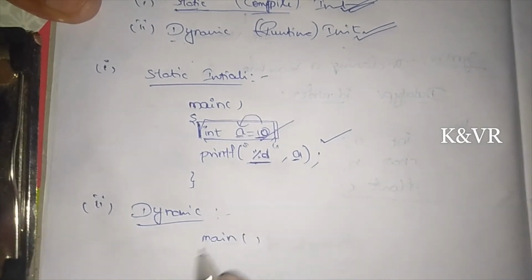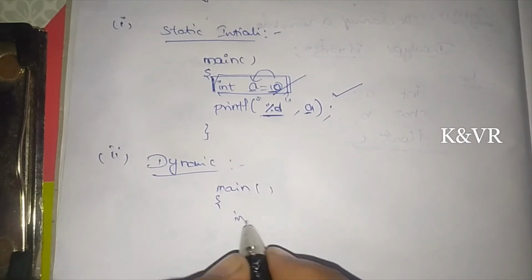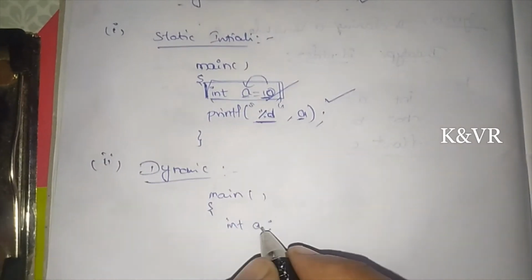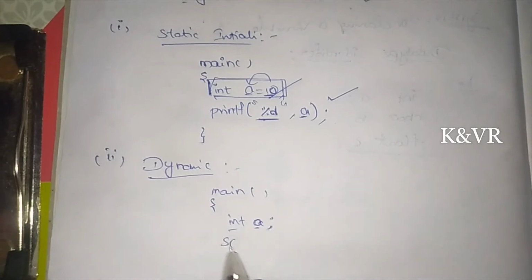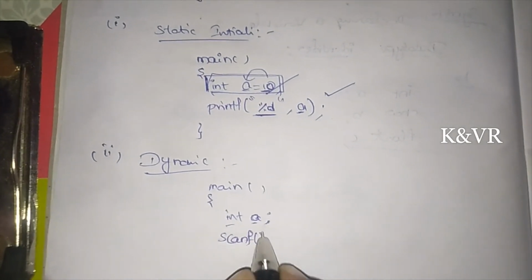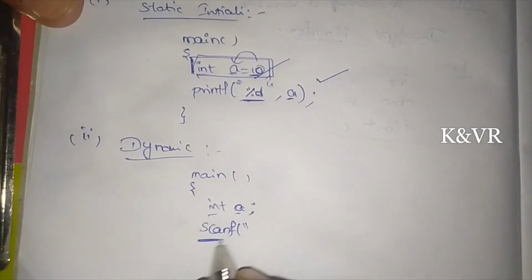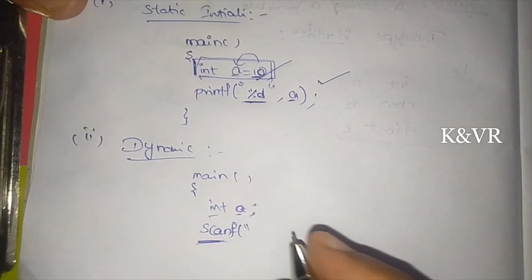Main function, our program starts execution. Integer variable a, it is of type integer. And here the most important thing is scanf.